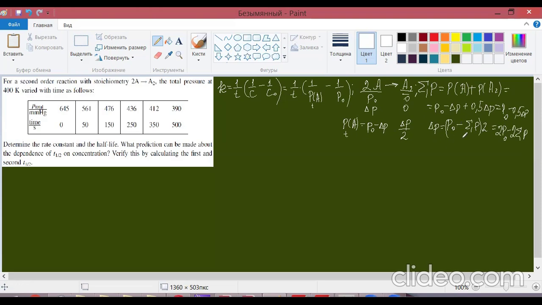Okay, and now we can plug this expression instead of delta P into this formula.